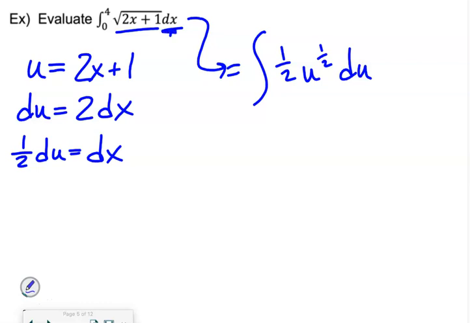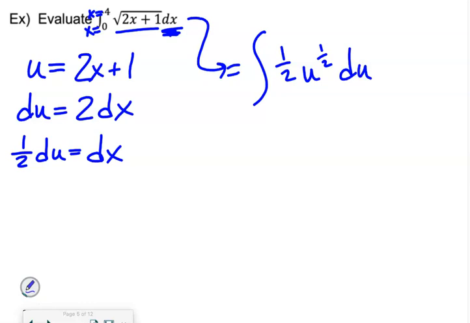So when this is dx, that means that these are x values. If you rewrite your integral in terms of u, your limits have to be u values. They can't be x values. If you write x values on an integral with u's, it's nonsense. You've just changed the whole problem. So you have to change your limits to u values.